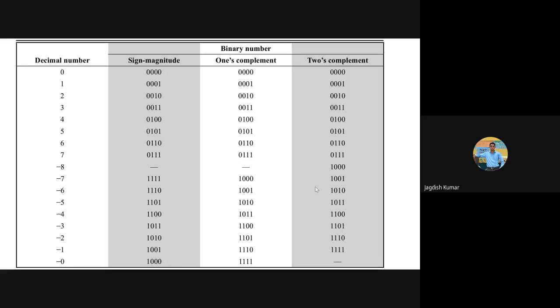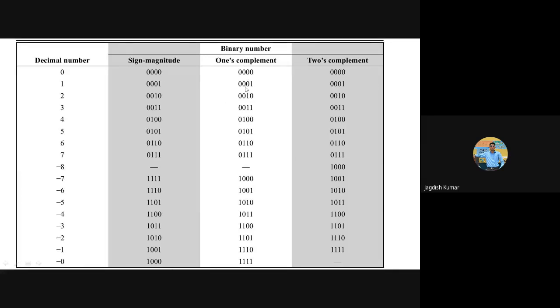This table is representing our 4-bit positive and negative numbers within the 4-bit number system. The first column represents the decimal numbers, and the second column gives the corresponding sign magnitude representation of those numbers.